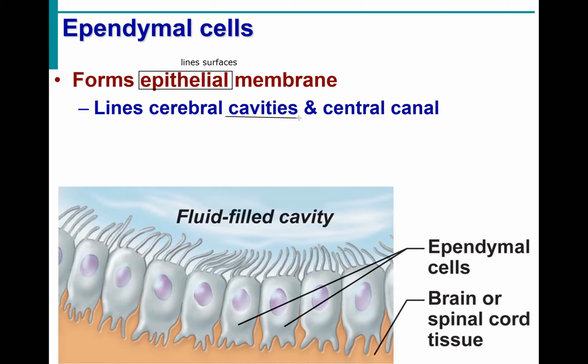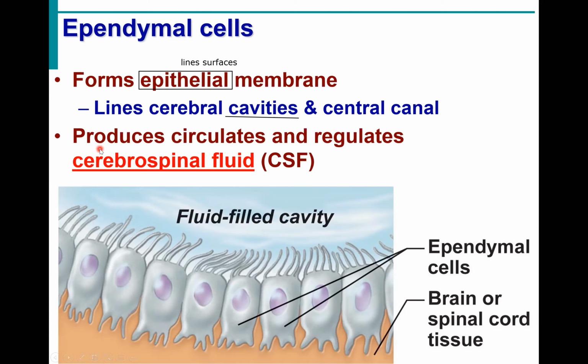These inside spaces are lined with these ependymal cells, and those spaces are filled with a special fluid. That special fluid is our cerebrospinal fluid. And so these ependymal cells play an important role in the production and the regulation of our cerebrospinal fluid. In fact, they're going to help to form the structures that make our cerebrospinal fluid.